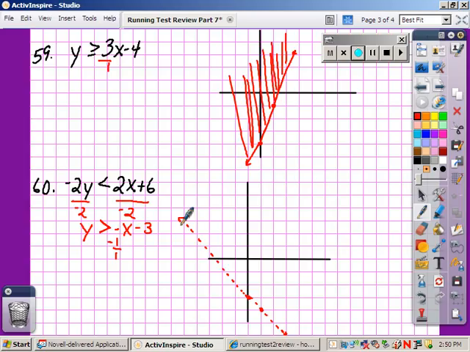Meaning that the line is not actually part of the solution, it's just a boundary line. And then finally, greater than again means to go from the line and shade upward. So we'll be shading this way once again. And that's the end of page 7.